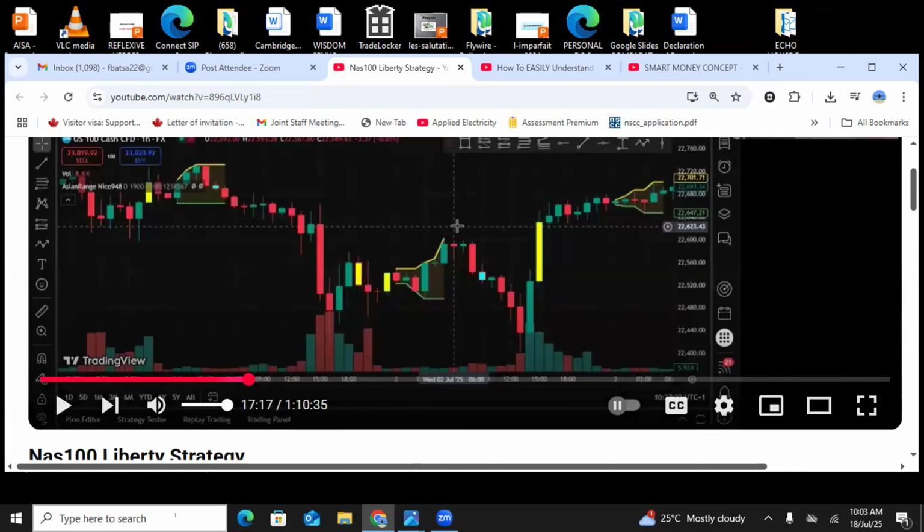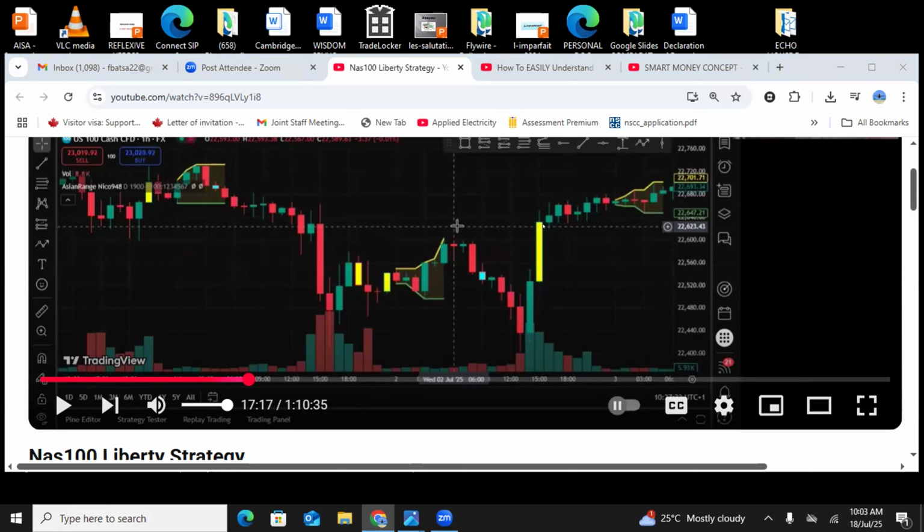Okay, so if you look at what happened here on the Asian range in the middle, you see what happened. The market just did a fake out here. The red candles, the bearish candles, it looks as if it has started going down, and then suddenly it changes direction.